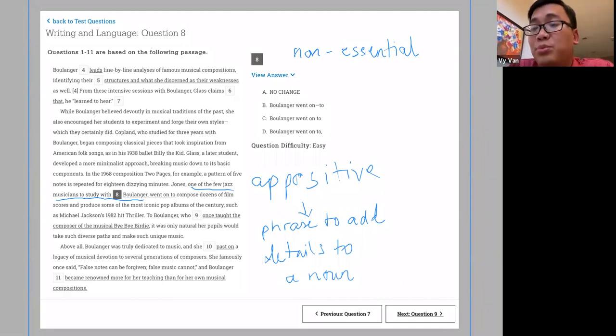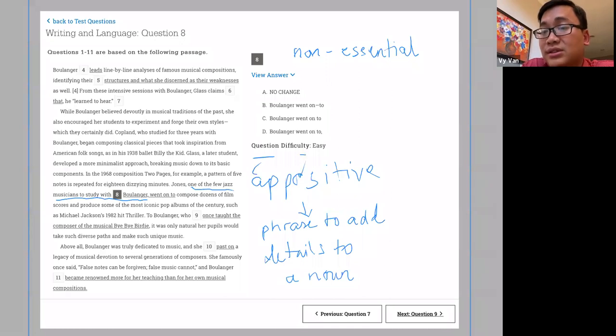And normally you put 2 commas around that phrase to signal to a reader that this is just additional information. So here, if you say Jones went on to compose dozens of film scores, it still makes perfect sense. So you normally separate an appositive or the non-essential clause using 2 commas or 2 dashes or 2 parentheses, okay?